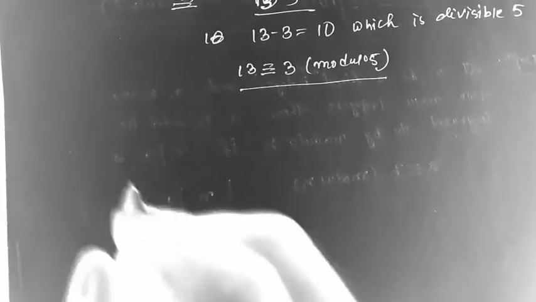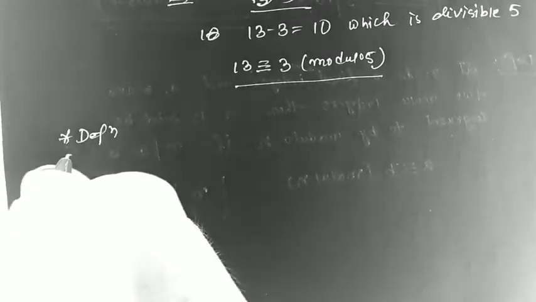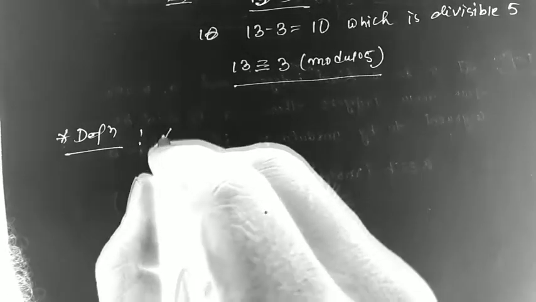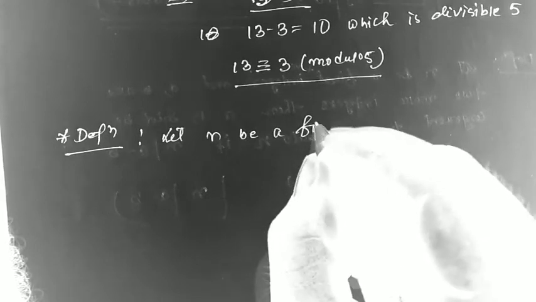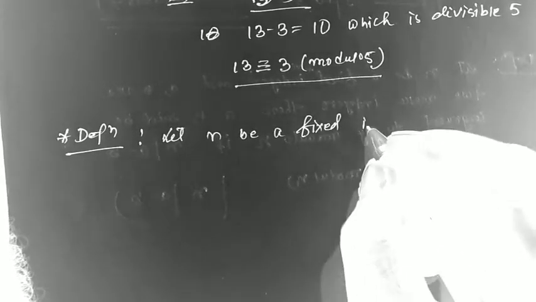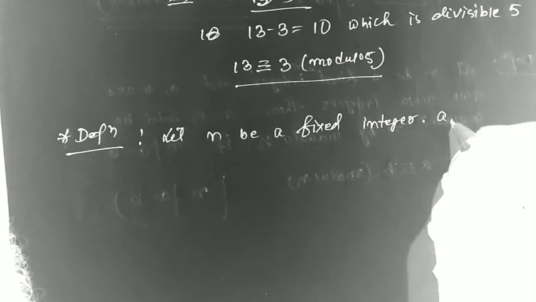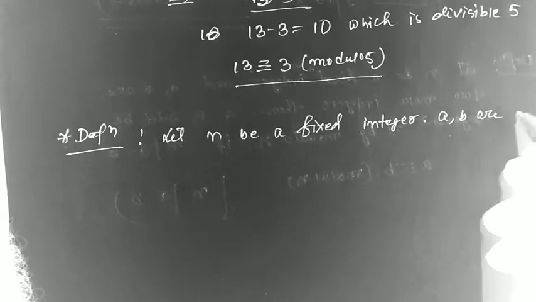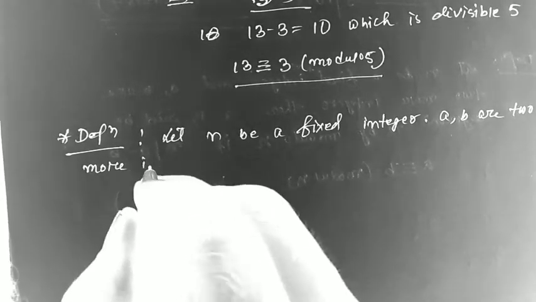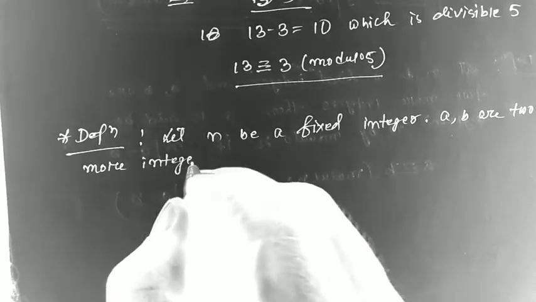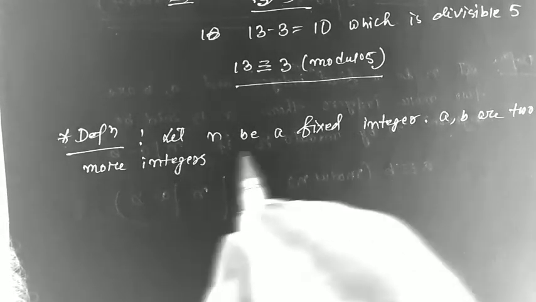If we define it in a definition: let n be a fixed integer, and a and b are two more integers.